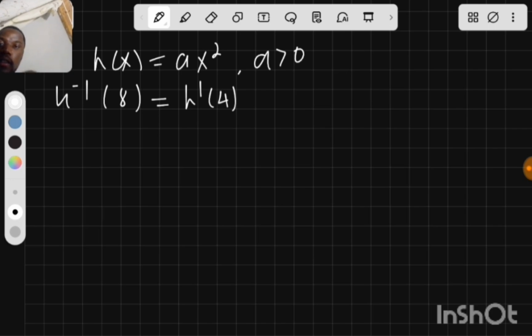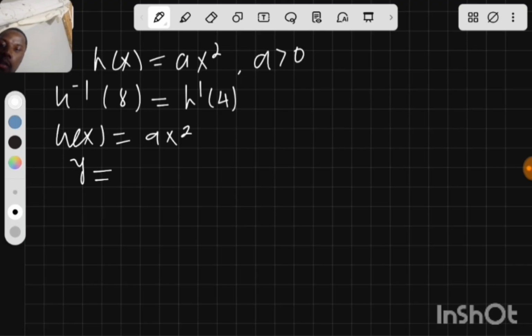We can first get the inverse of the graph. We already know h of x is represented by y equal to ax squared. When dealing with the inverse of the graph, you must always know that y and x must swap. We're going to have x equals ay squared.